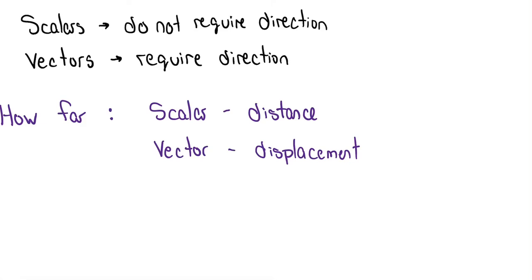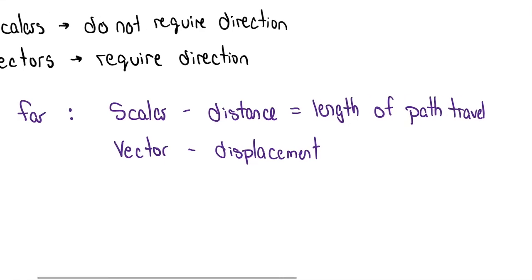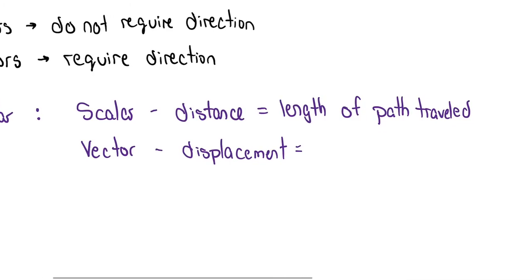Definition wise, scalar distance is literally the length of the path you've traveled. Displacement is a little bit different. Displacement is the arrow or the vector, the line that connects your very starting point to your ending point.